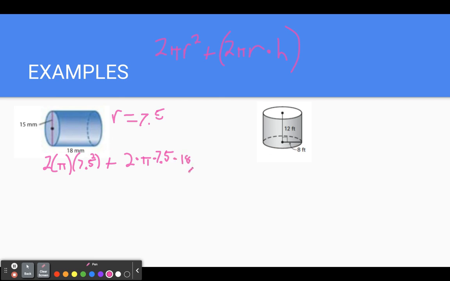Okay, so plugging those into a calculator, first do 7.5 squared. 7.5 times 7.5 gives us 56.25. Then we times that by 2. Then we multiply that times pi.